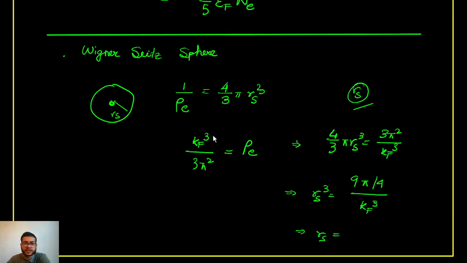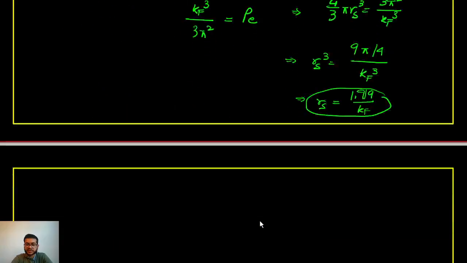So if you take the cube root, then we get something like 1.919 divided by kf. So that is the relation between the Fermi momentum and the Wigner-Seitz radius.